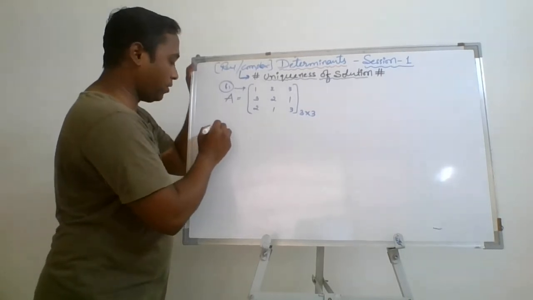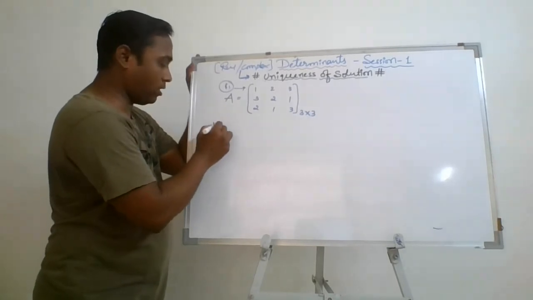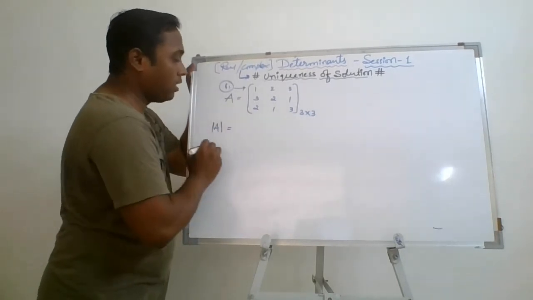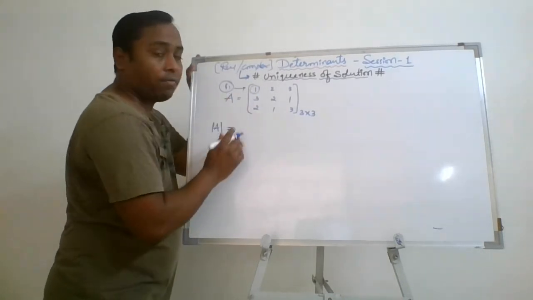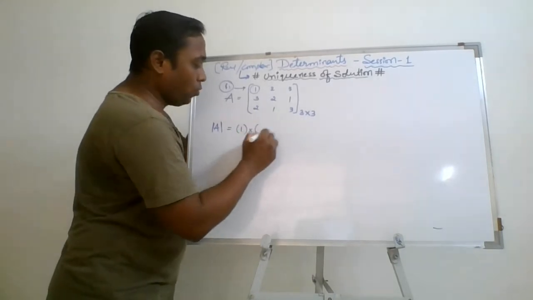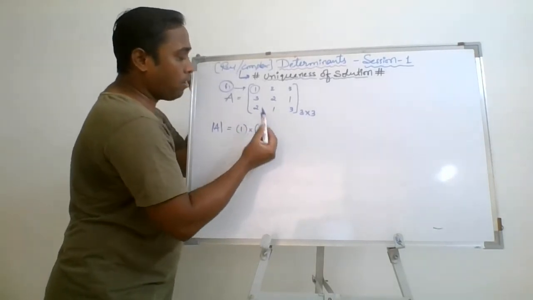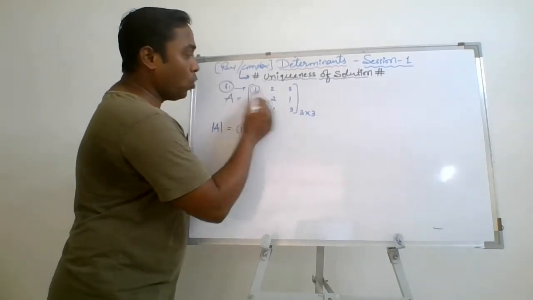So I am writing first det A, the symbol det A. Determinant of A matrix is, if I'm using this, what is the first element we have in row 1? 1. So first element into minus 1 to the power of its position, the sum of the position, meaning row plus column.